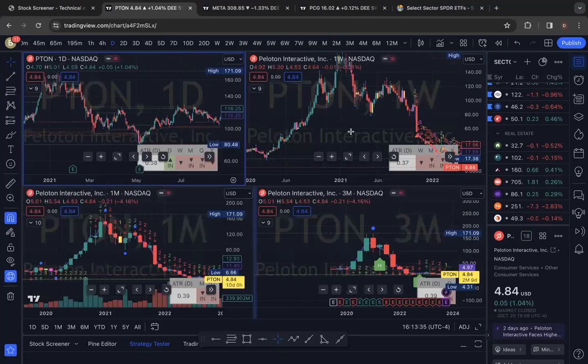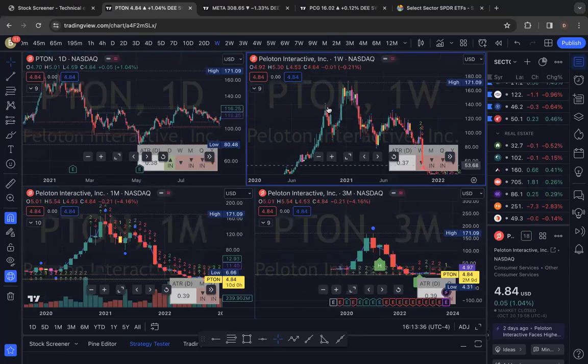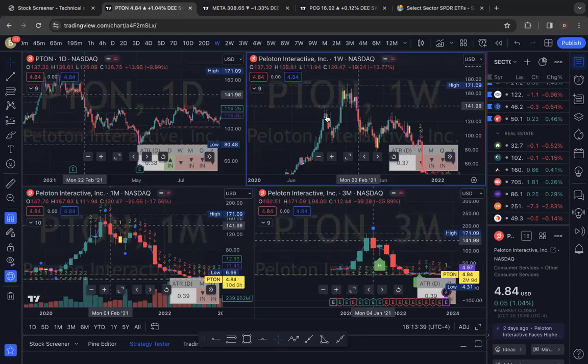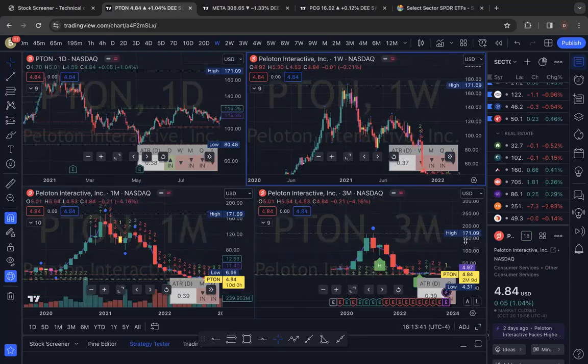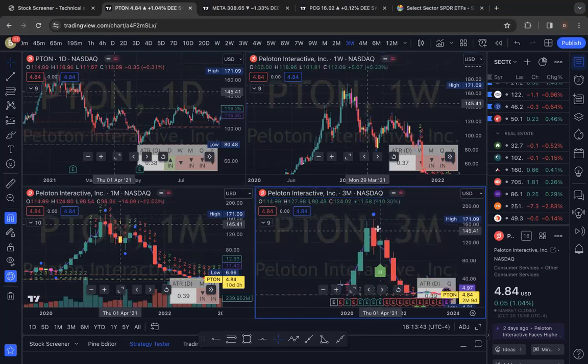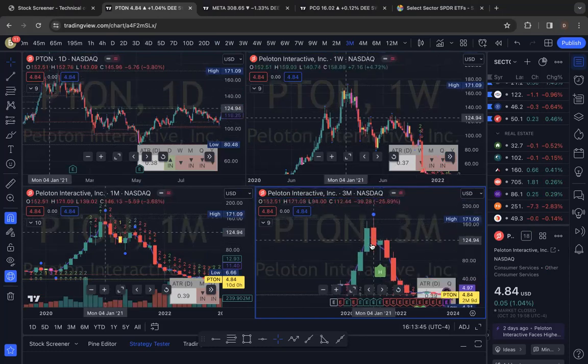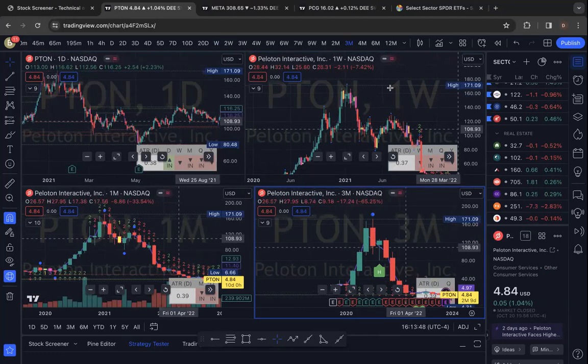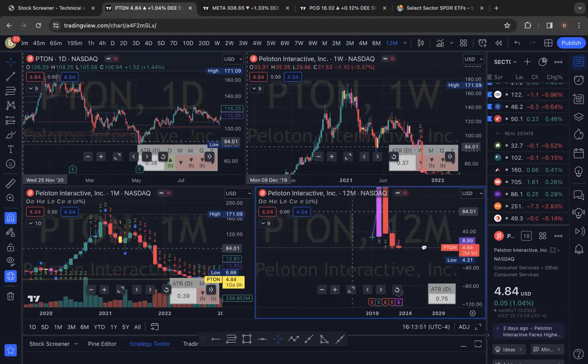And then you start getting wind from these higher time frames. We have some consolidation on those higher time frames, and then we had this very bearish candle on the 3-month. These are indications that we are about to slide. You look on a yearly, and that's exactly what happened.